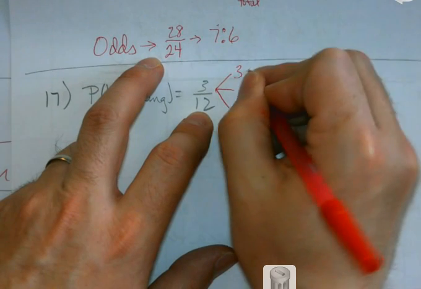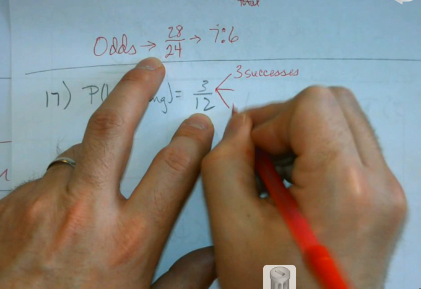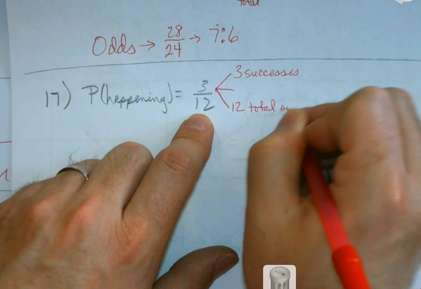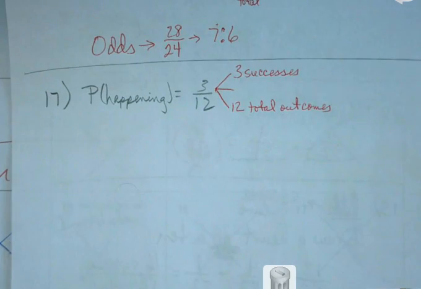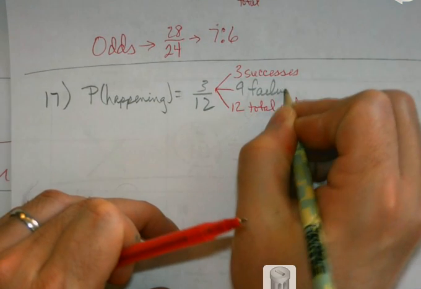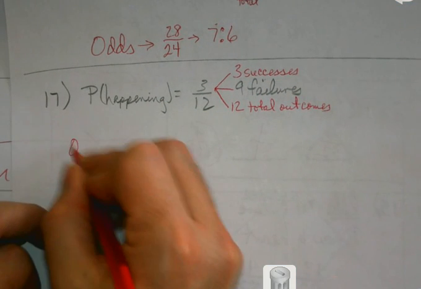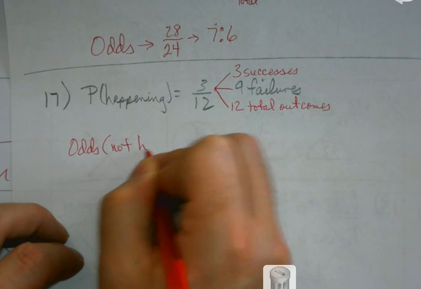It tells me I have 3 successes. It tells me I have 12 total outcomes because it's probability, which gives me 1 bit of information I don't see. I have 9 failures. So, what I'm being asked is, what are the odds of this event not happening?